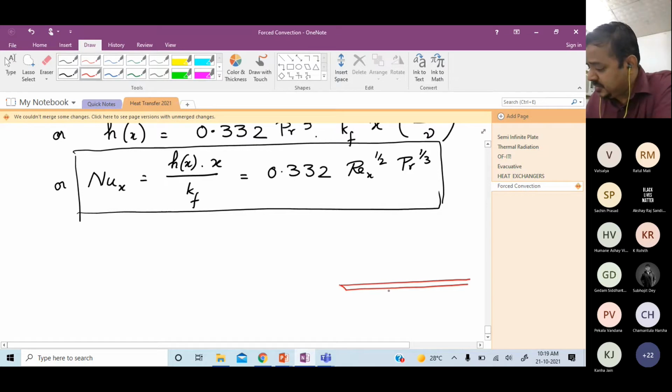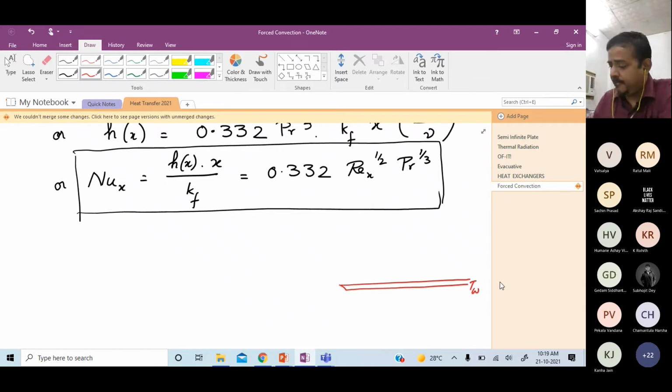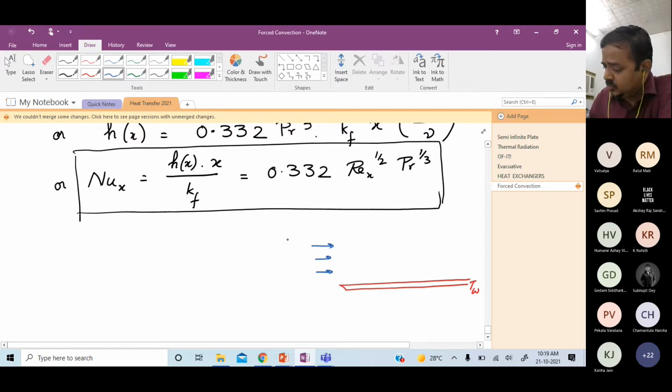This was my flat plate at TW. And I was having a fluid come in at U infinity and T infinity.